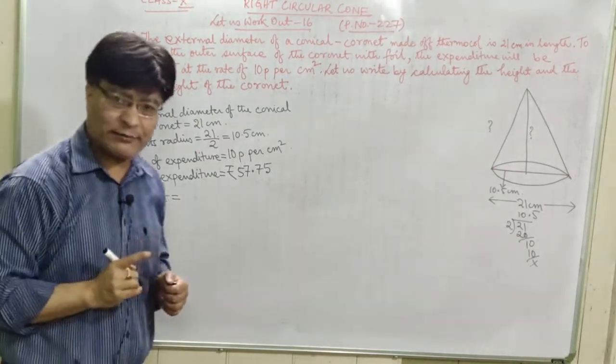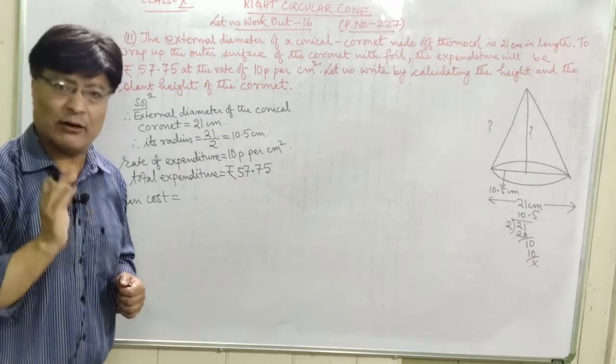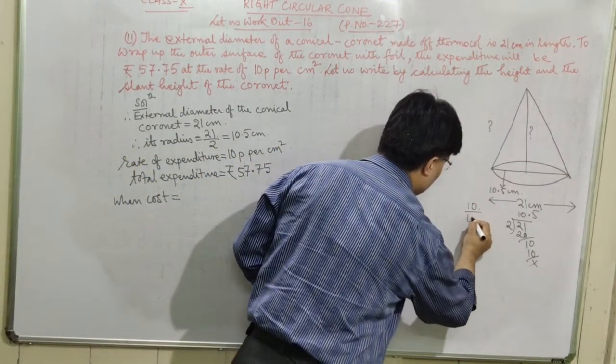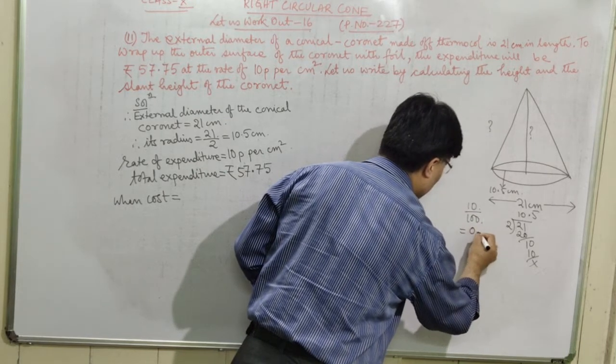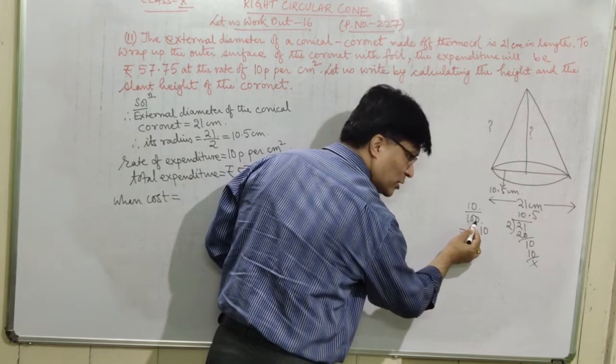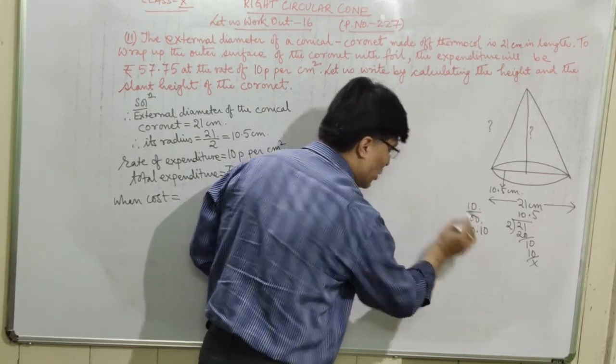So you have to divide it by 100. If paisa is changed into rupees, then it should be divided by 100. So what is 10 divided by 100? It will give you 0.10. After 1 there are 2 zeros, so you have to write the decimal point before 2 figures, that is 0.10.